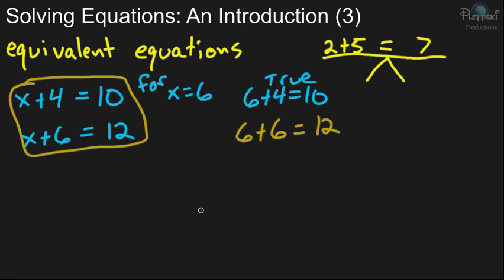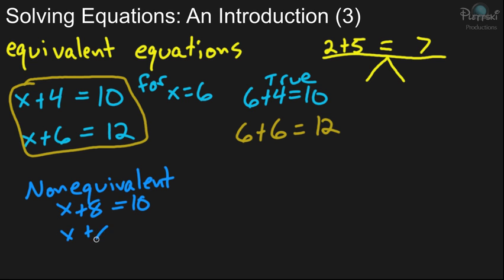Now, an example of two equations that would not be equivalent, so they would be non-equivalent, would be x plus 8 equals 10, and then x plus 8 equals 14.